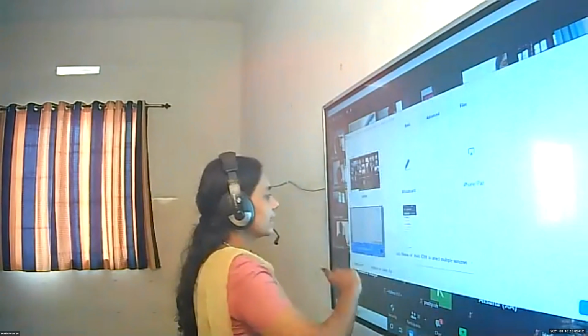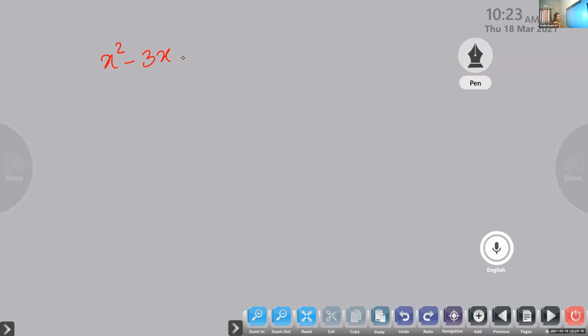Now, whenever the constant term is not there, we can do this easily. From these two terms, you can take the common term outside. Prajot, which one can you take as common from x square minus 3x?